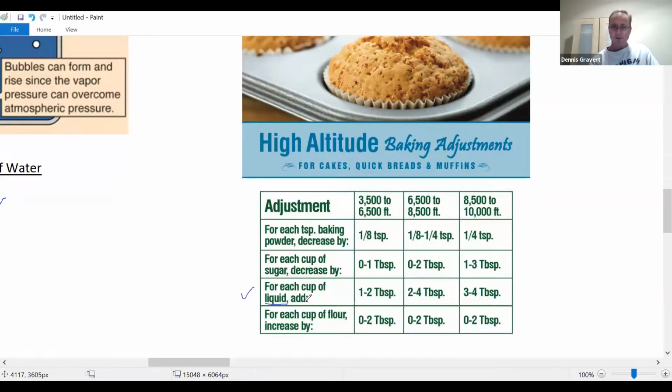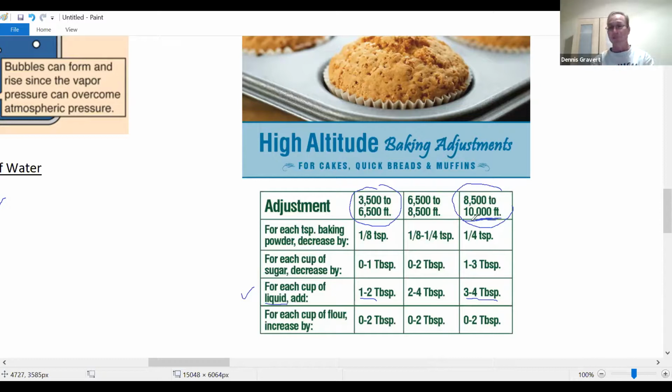But for each cup of liquid, they recommend that between 3,500 and 6,500 feet, add another 1 to 2 tablespoons. At even higher elevations, you need to add 3 to 4 tablespoons more liquid. Why? Well, at high altitudes, there's less pressure. So liquids can evaporate more quickly, right? The vapor pressure is higher at a given temperature.